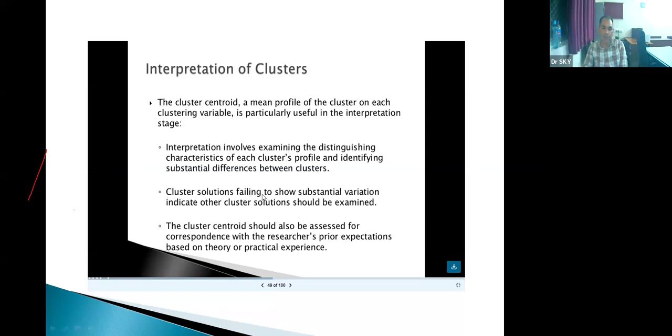So cluster solutions failing to show substantial variation indicate other cluster solutions should be examined. We should try a different number of clusters. The cluster centroid should also be assessed for correspondence with the researcher's prior expectations based on theory or practical experience. So we should be very careful while choosing the centroids of the clusters.